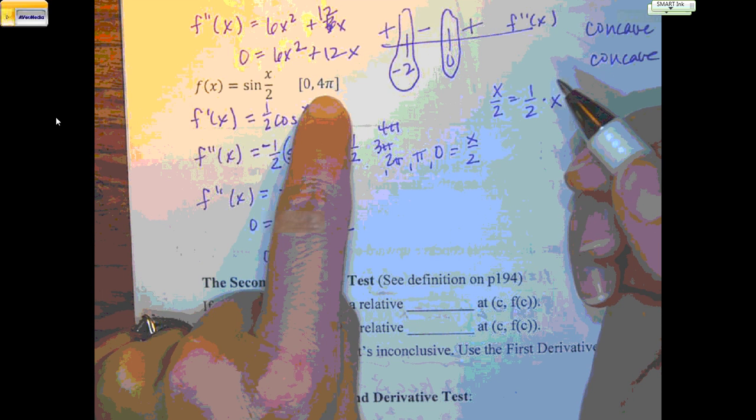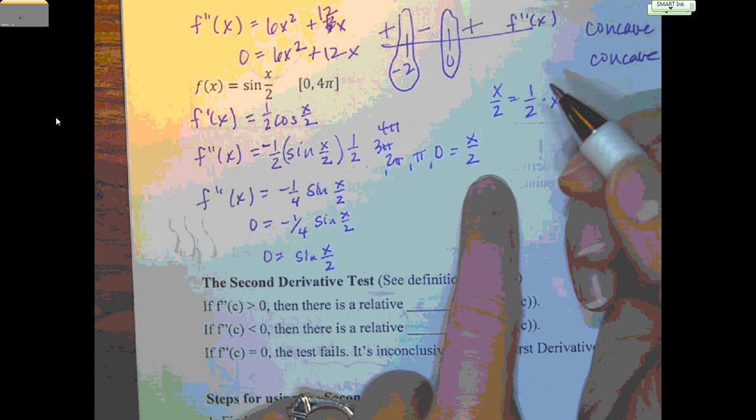That's what x over 2 is. How do I get rid of that divided by 2? Multiply, right? So we multiply everybody by 2.